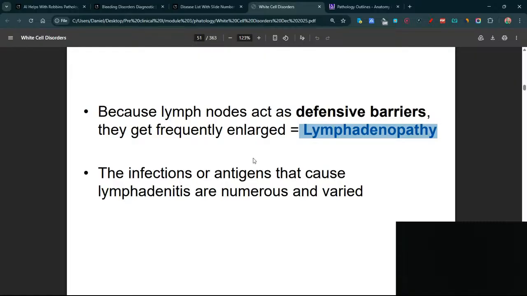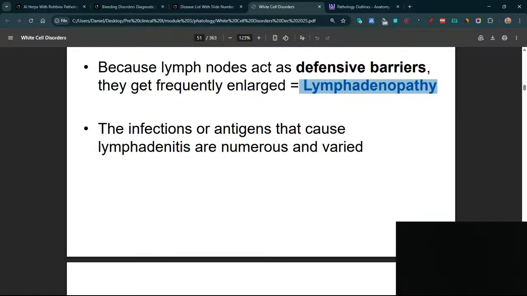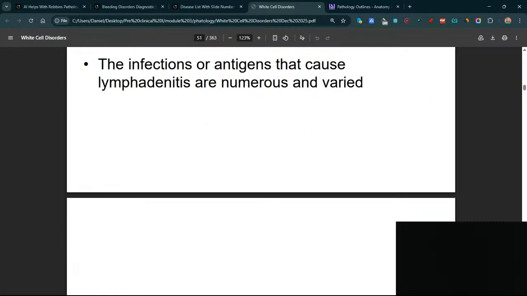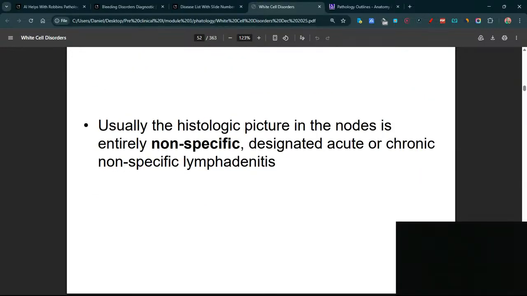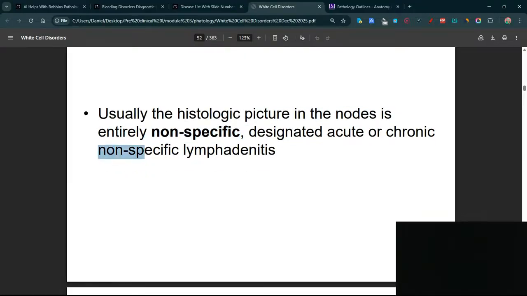Lymphadenopathy. The infections or antigens that cause lymphadenopathies are numerous and varied, so usually the histologic picture in the nodes is entirely non-specific, designated acute or chronic non-specific lymphadenitis.